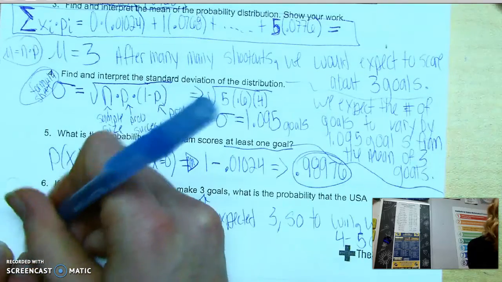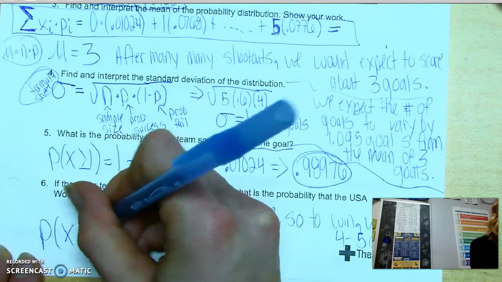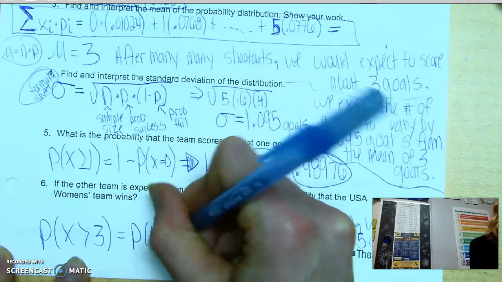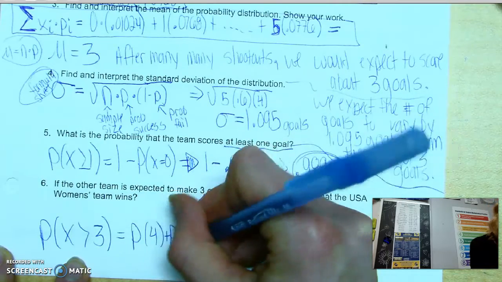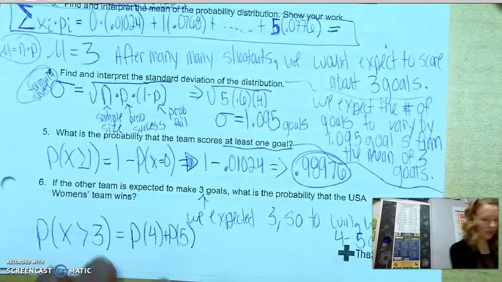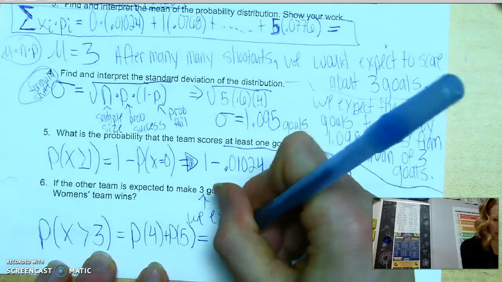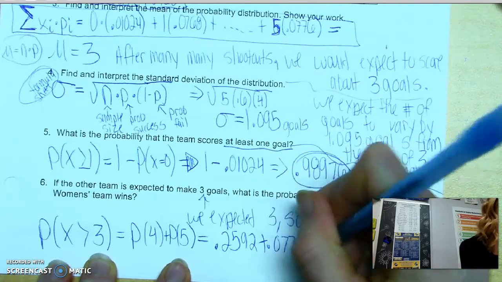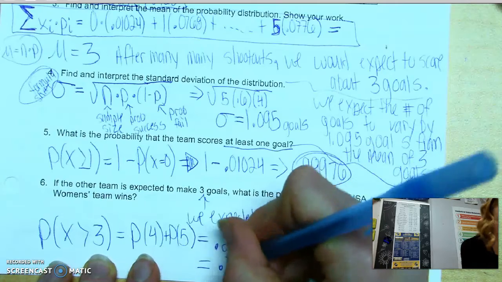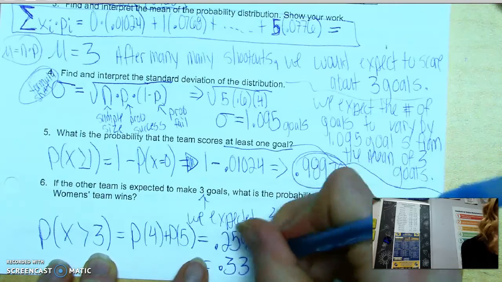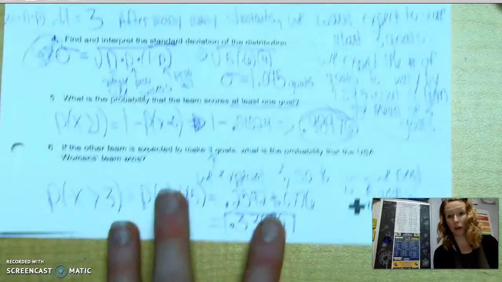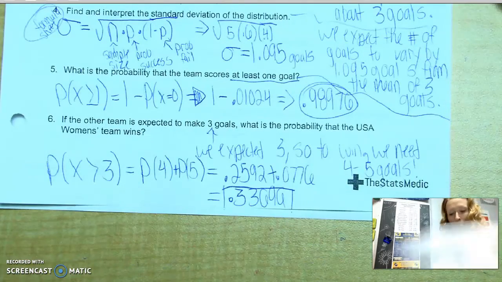So we need to find the probability that we score more than 3 goals, which means we can add up the probability that we scored 4 and the probability that we scored 5. So we can do that: 0.2592 plus 0.0776, and that gives us 0.33696 as our chance of the USA soccer team winning in this shootout, right?